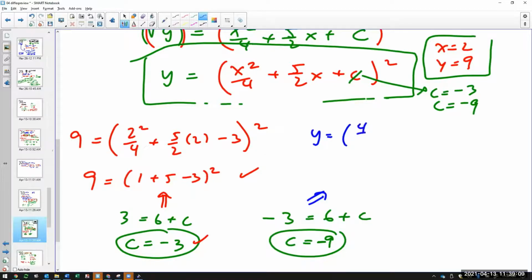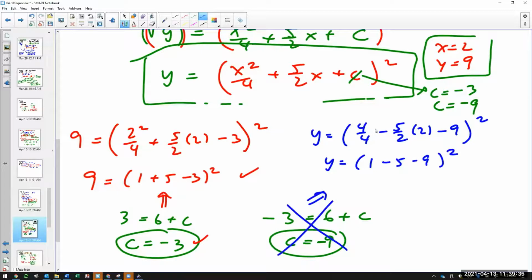So that's going to be 4 over 4 plus 5 halves times 2, minus 9, squared. Okay, and what I want to do is I want to see if y is 9. So this will be 1 plus 5 minus 9 squared. Does that give me 9? No. So this is not an answer here. Okay. Because that's not going to give me 9.